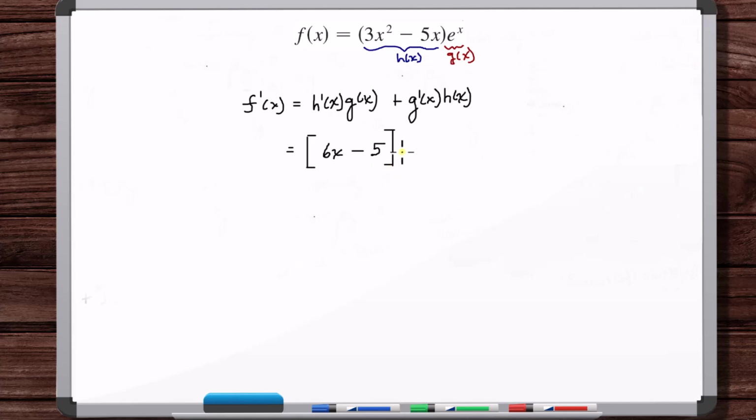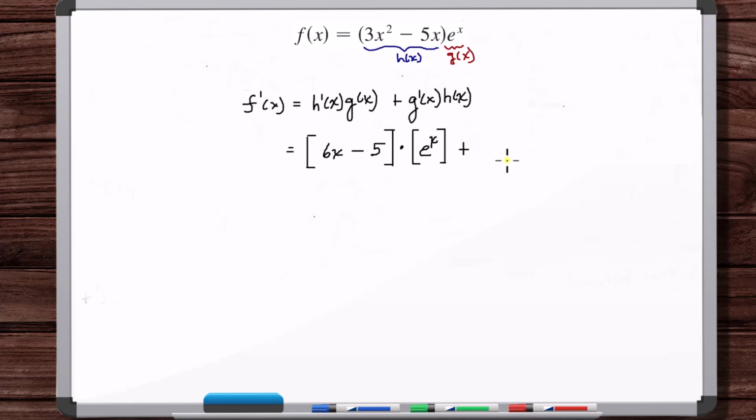All of that is h prime of x, times g of x. g of x is just e to the x.